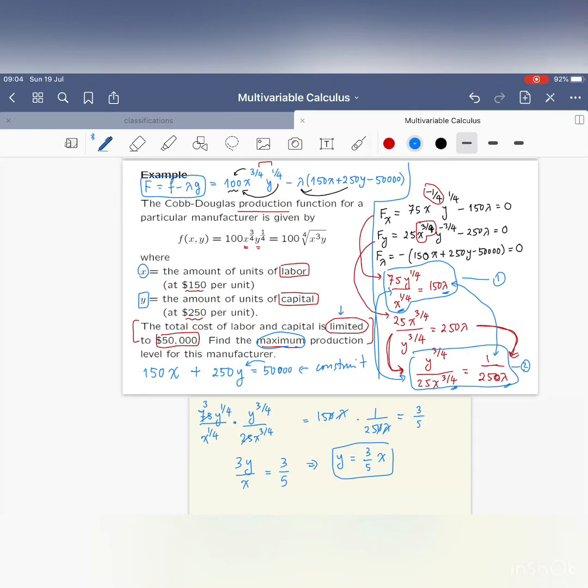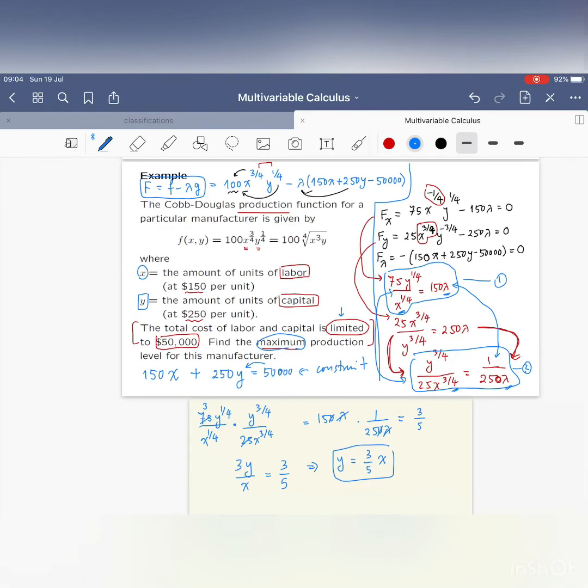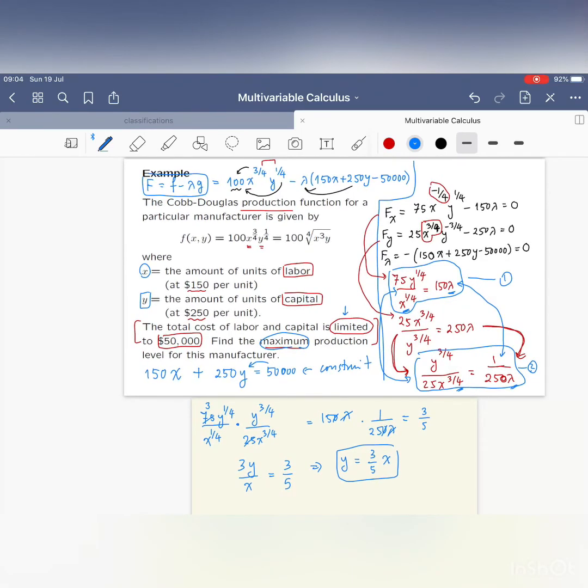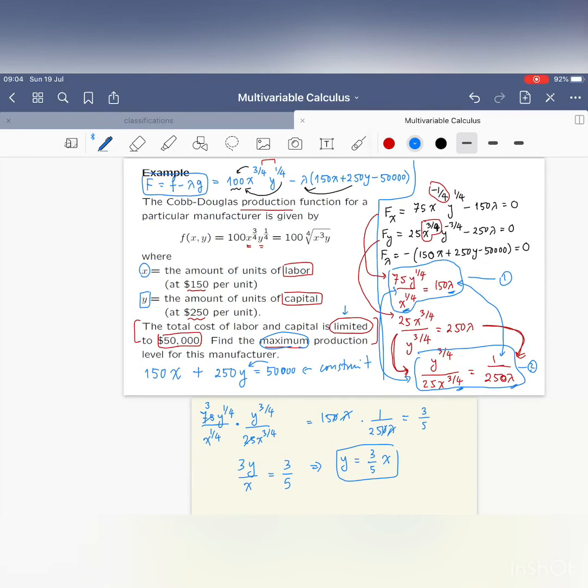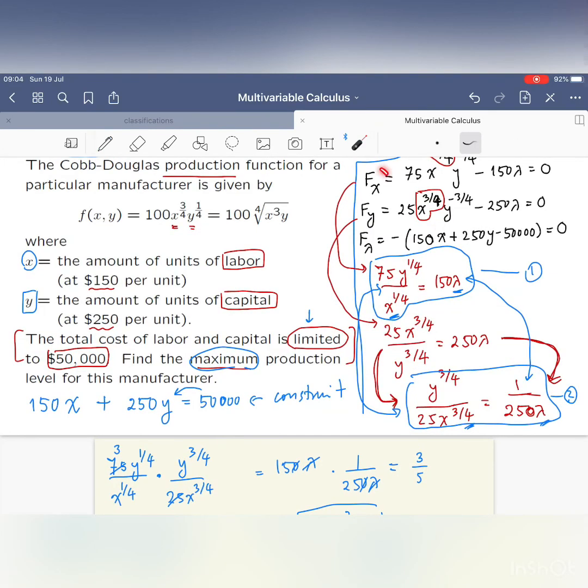See? And then which one haven't we touched at all? In order to get your relation among x and y, you only use f sub x and f sub y, without using f sub lambda.